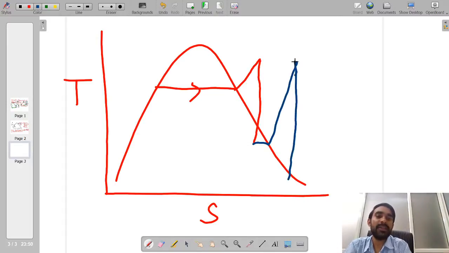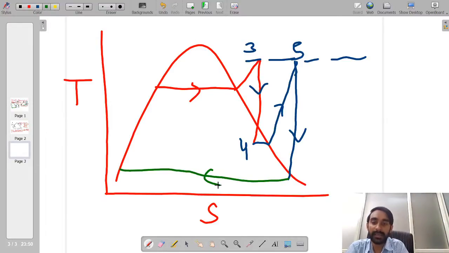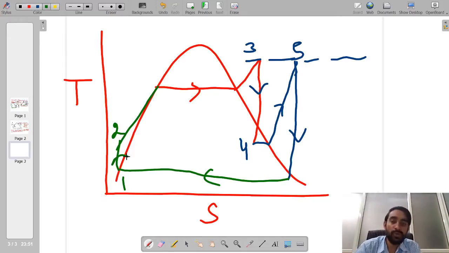Because this temperature is particularly limited by the metallurgical limits of the materials which we have used to fabricate our boiler and condenser. Okay, so this over here is nothing but our condenser. Then we have the pump from process 1 to 2.